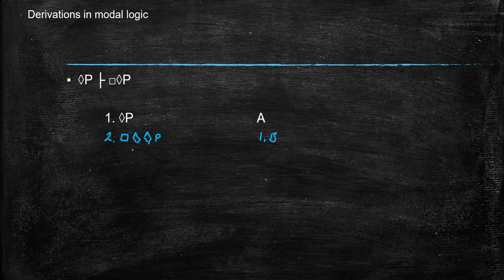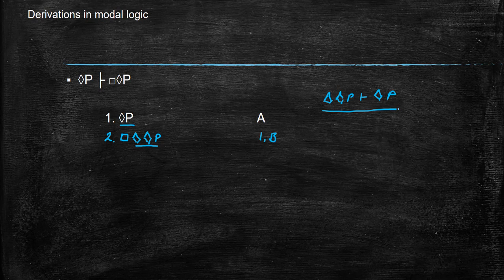So, is there a theorem that we have proved recently that connects possible possible P to possible P? And the answer is that we did, right? Remember, we proved earlier that possible possible P yields possible P. We actually did that using negation introduction and the Brouwer rule.